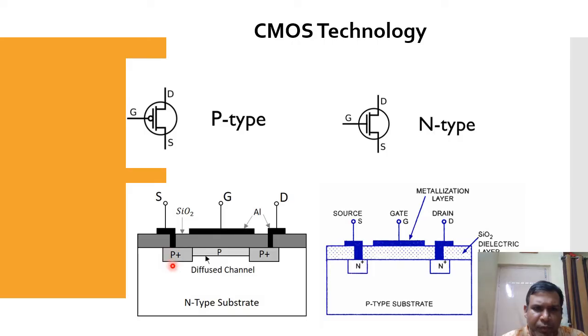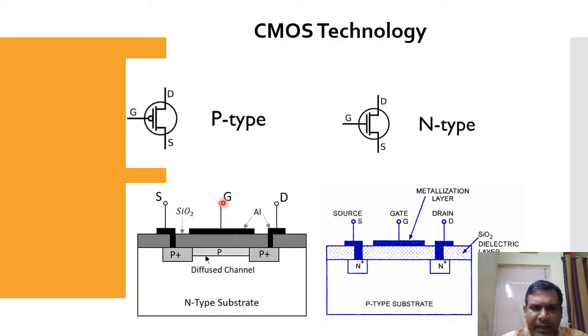The source terminal is directly connected with a P positive diffusion region, and the drain terminal is also connected with a P positive diffusion region. This area is known as the substrate. For a P-type MOSFET, we always use an N-type substrate material, whereas in an N-type MOSFET we always use a P-type substrate material. So in the P-type MOSFET, the source and drain are connected with P positive regions, whereas the substrate material is N-type.